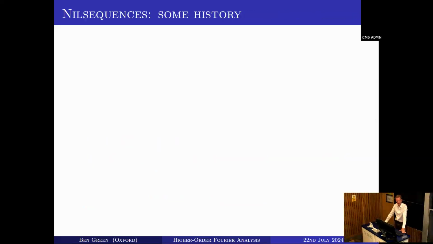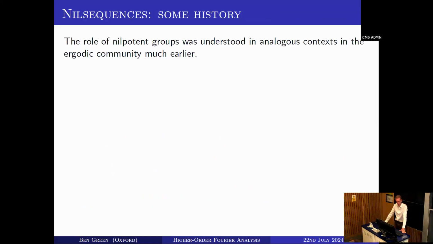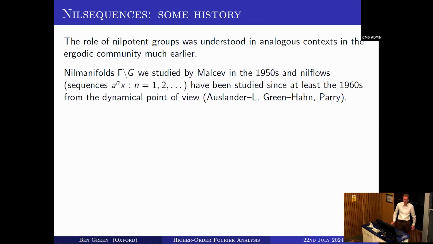So a little bit of history about how nil sequences came about. It's quite interesting. The role of nilpotent groups was understood in very closely related contexts by the ergodic community earlier. And that was very important in motivating the formulation of the inverse theorem in the discrete setting.